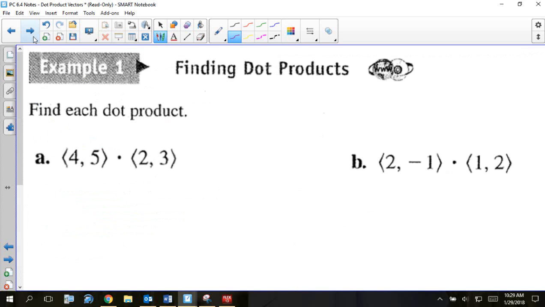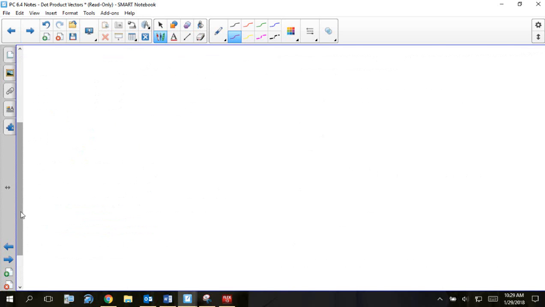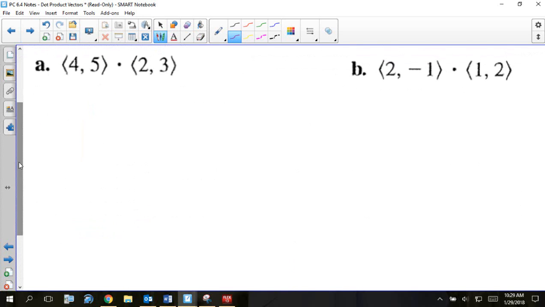Let's do some examples. Find each dot product. So we're going to multiply our x's together, 4 times 2. Add that to multiplying our y's together, 5 times 3. 8 plus 15, 23.